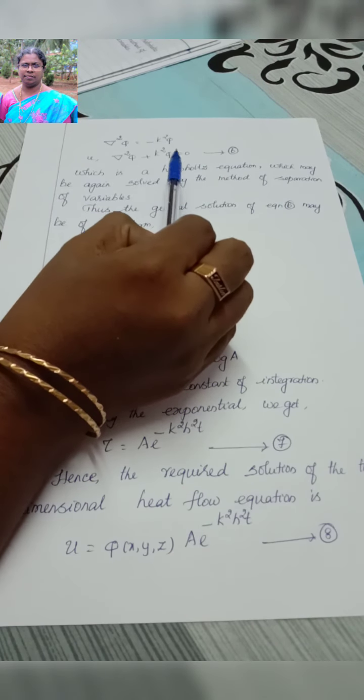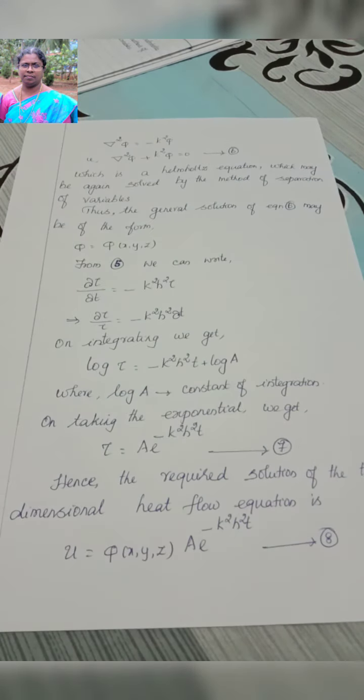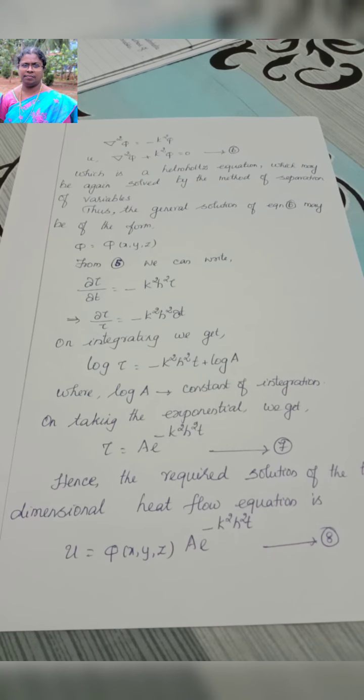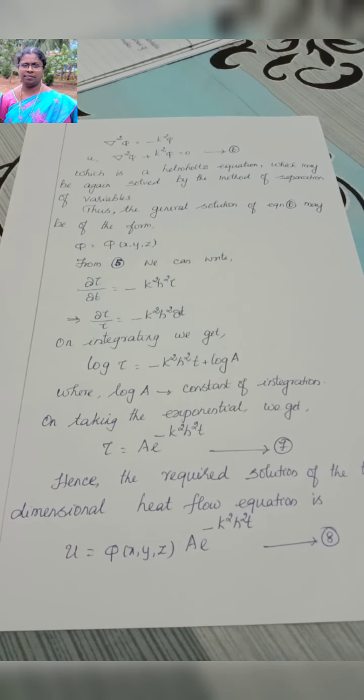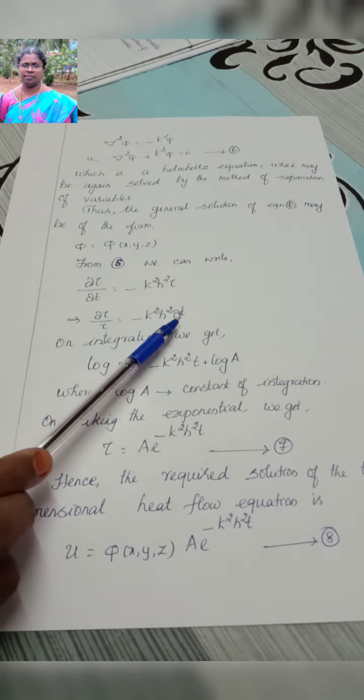The above equation is a Helmholtz equation which may again be solved by the method of separation of variables. Thus, the general solution of equation 6 may be of the form phi equal to phi of x, y, z. Similarly, from equation 5 we can write ∂tau/∂t is equal to minus k square h square tau. That is, ∂tau/tau is equal to minus k square h square into ∂t.